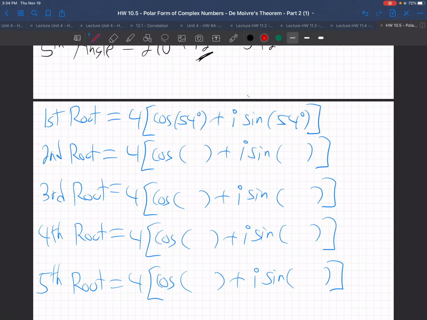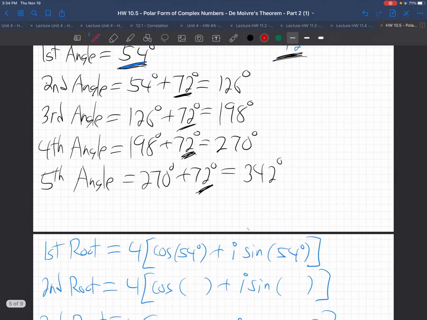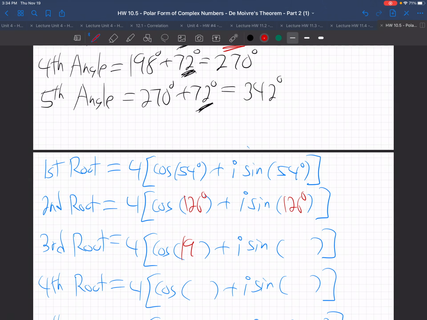We just fill them in now. So 54 was the first one, and then 126, and then 198, and then 270, and then 342.